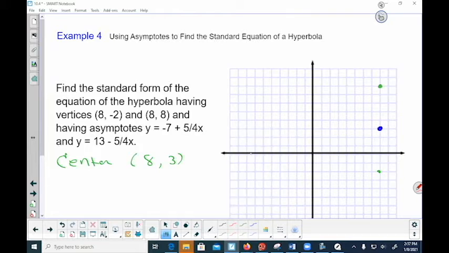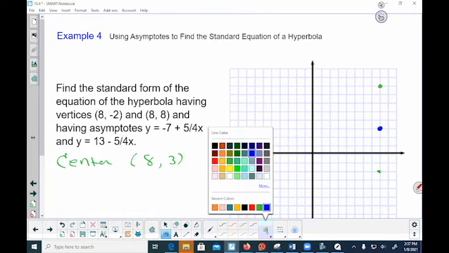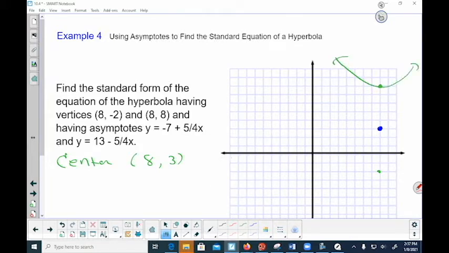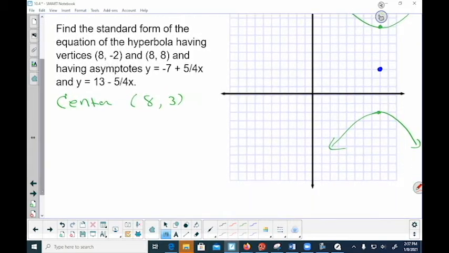So there's my center. Because I have those vertices up and down, I know that, again, I'm not actually having to graph this. I know that my hyperbola is going to open up and down, which tells me that the y-coordinate is going to come first. The y-coordinate is going to be positive. So I am going to do y minus 3 squared minus x minus 8 squared.